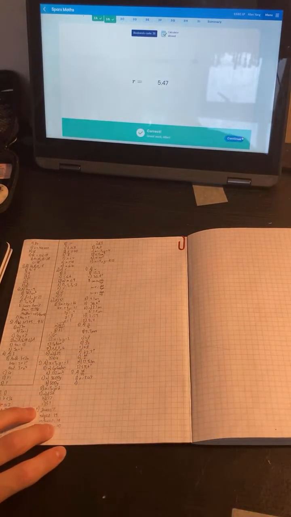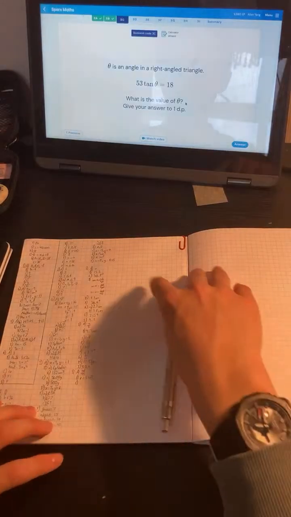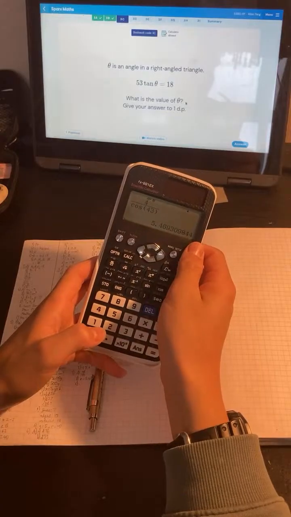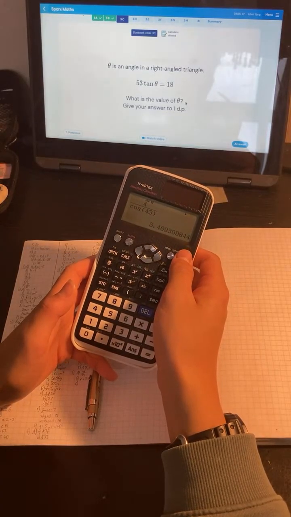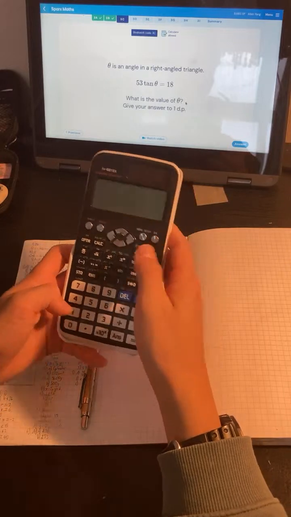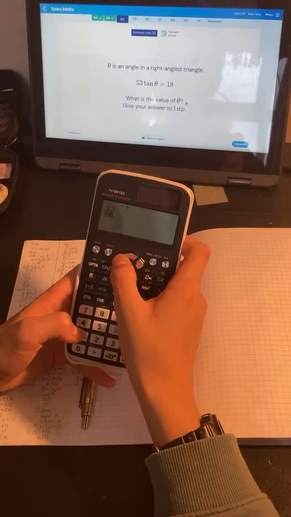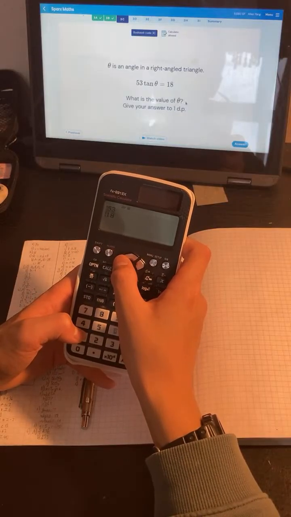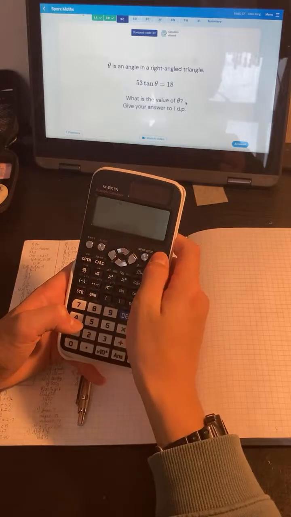C. Theta is an angle in a right angle triangle. Okay, right. What's the value of theta? So 53 over 18. What?